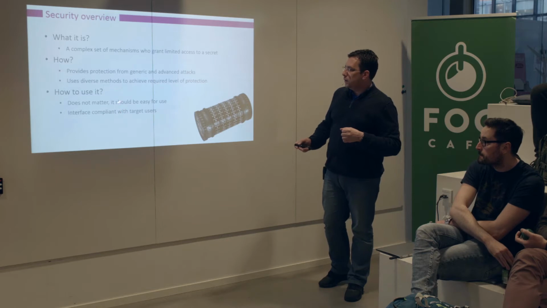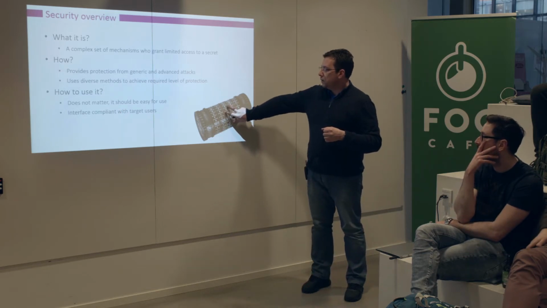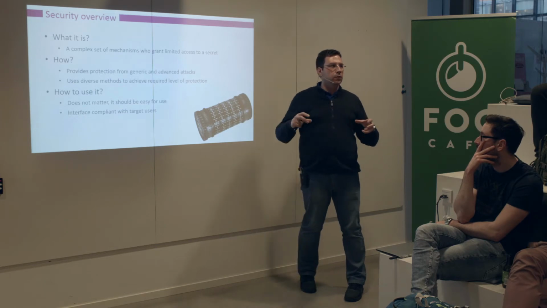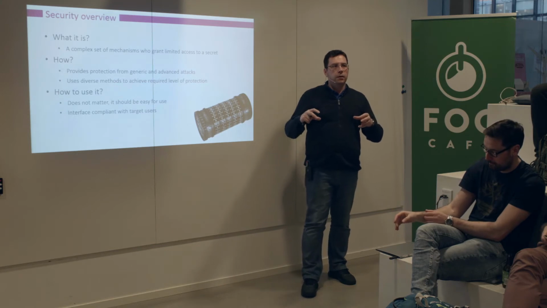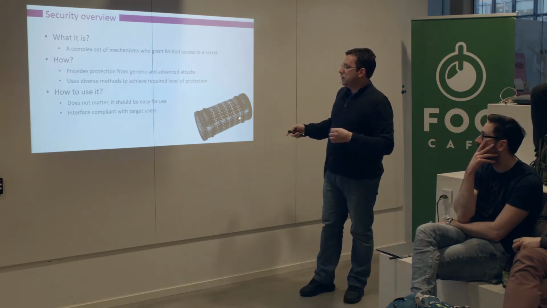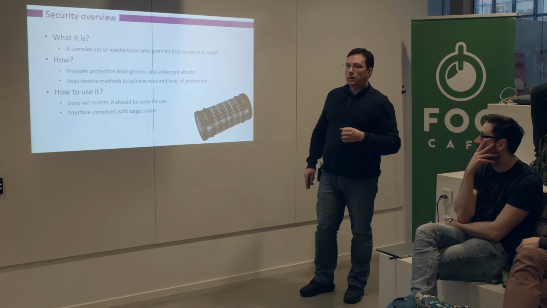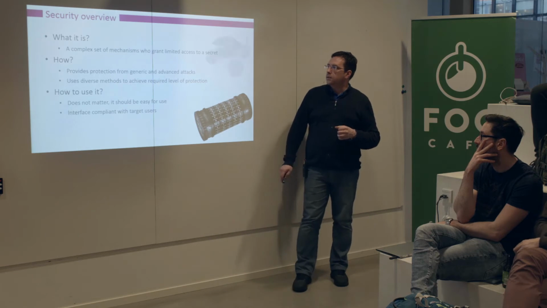And then the interface has to be compliant with the target users. For example, if this device is meant for blind people, it has to have completely different interface for communication between the device and the user. If it is maybe for some other type of persons, then the interface has to be designed completely different. So we have to take care about the interface as well.